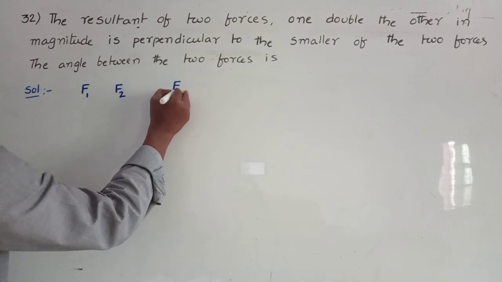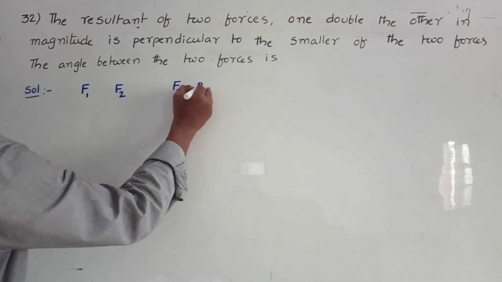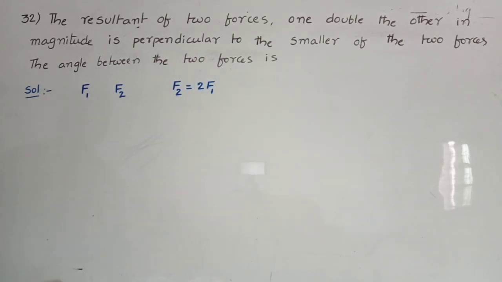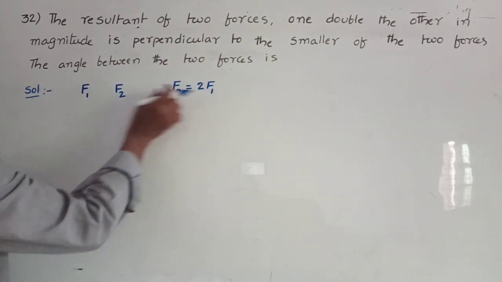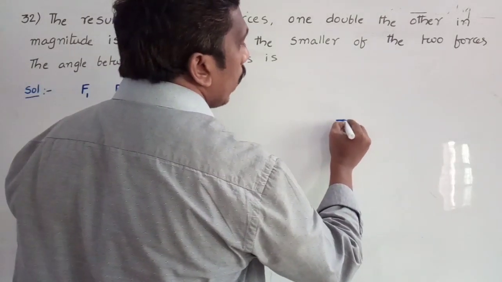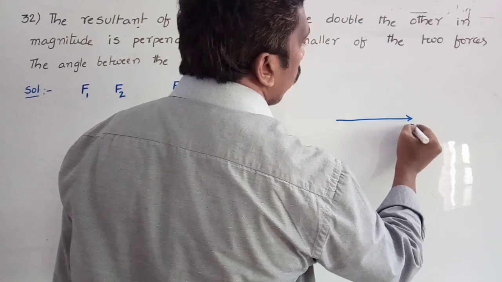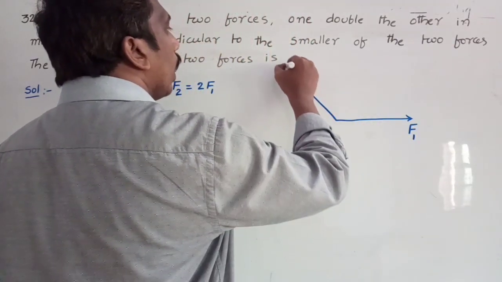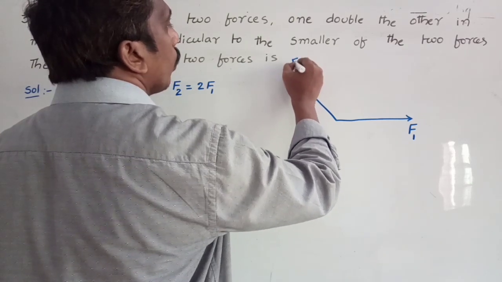Assume F2 is 2 times F1. So that means here F1 is smaller and F2 is the larger. They are making a certain angle with each other. Assume this is F1 and F2 is acting like this.